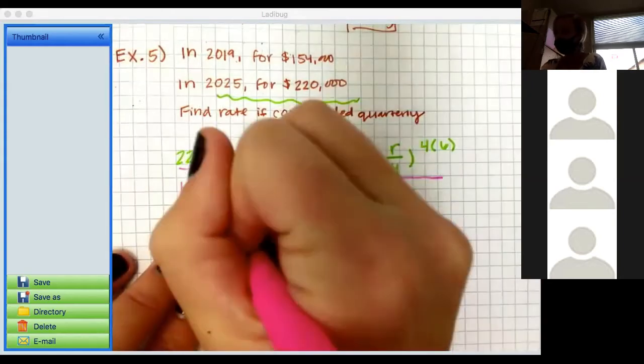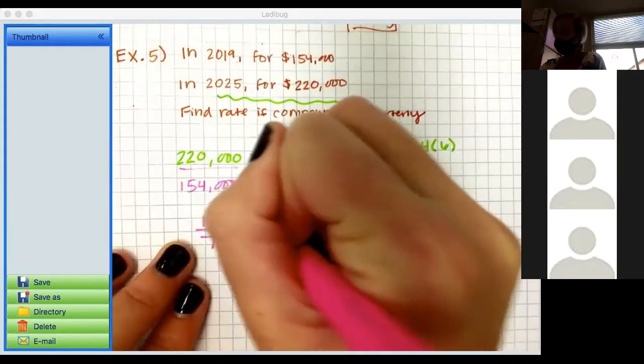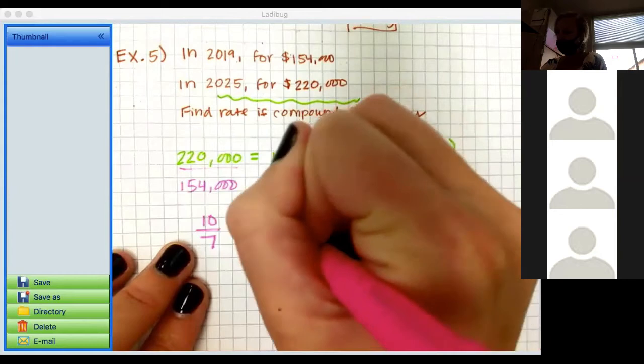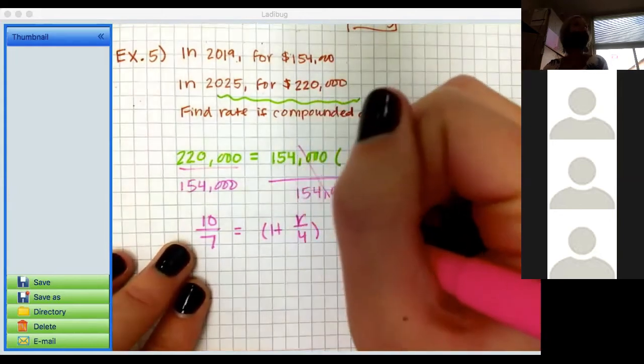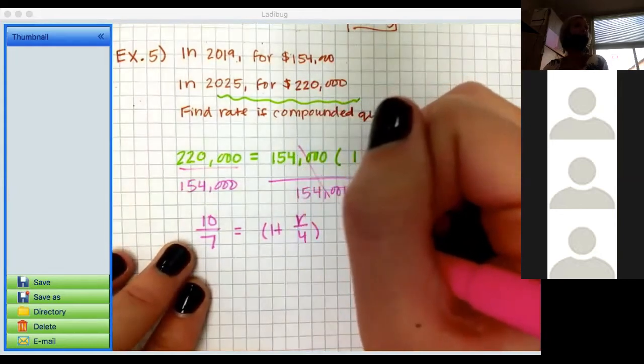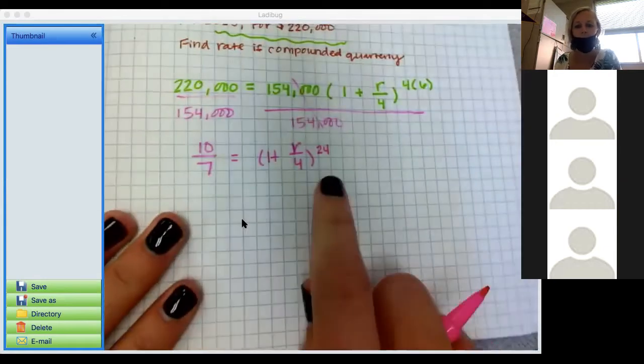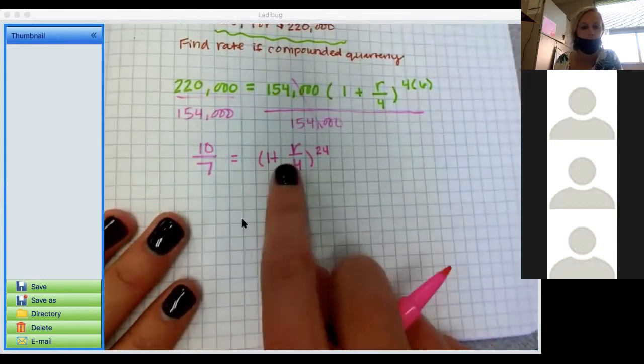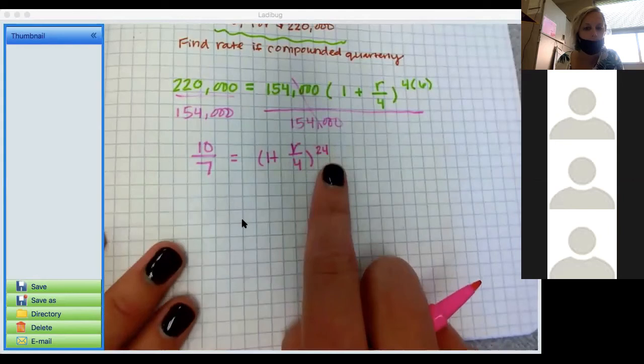All right, 10 over 7 equals 1 plus, oh my God, I forgot the 1. R over 4. I will finish this and post it on Canvas. Does that sound good? To the 24th. So now how would you undo raising this to the 24th power?